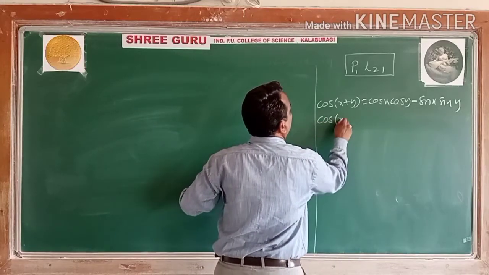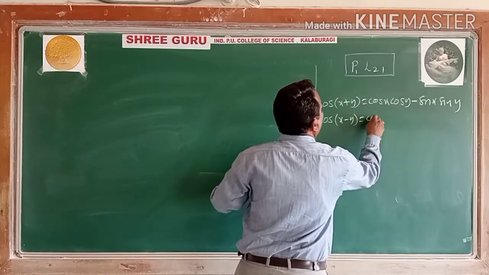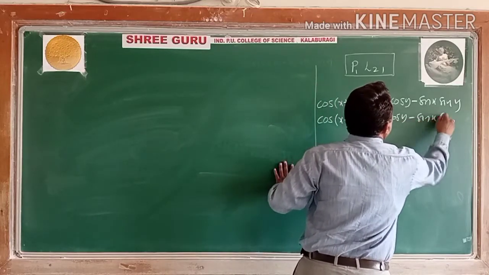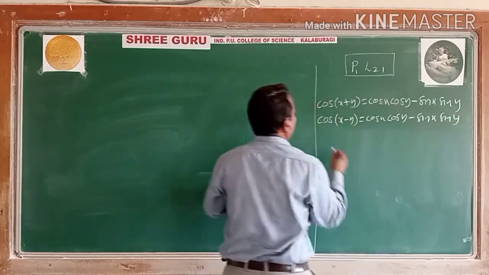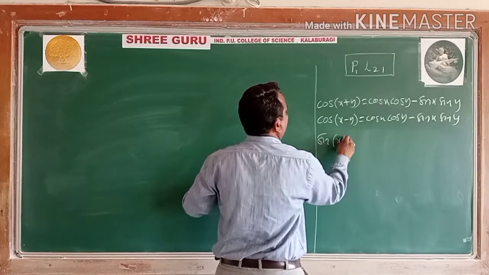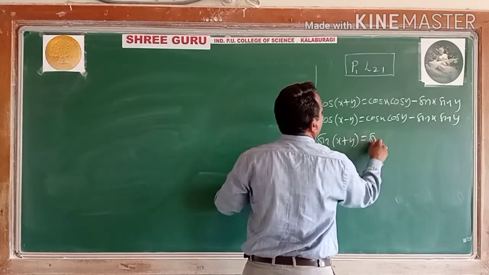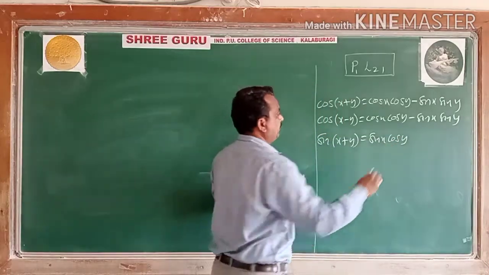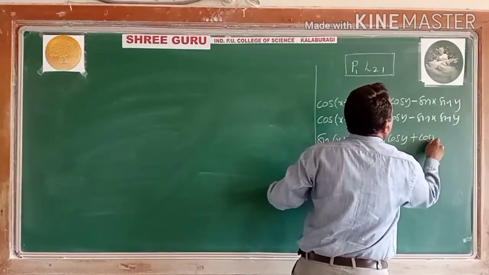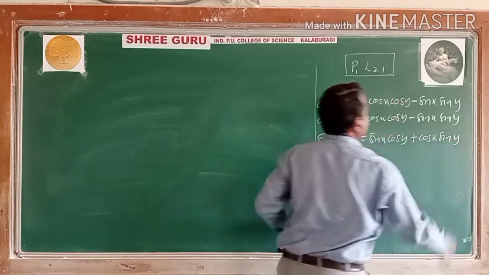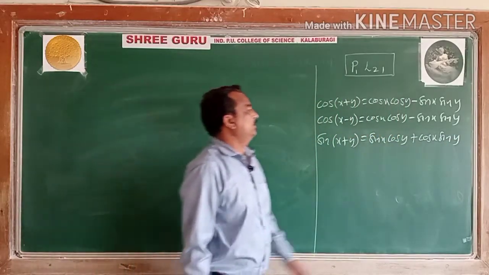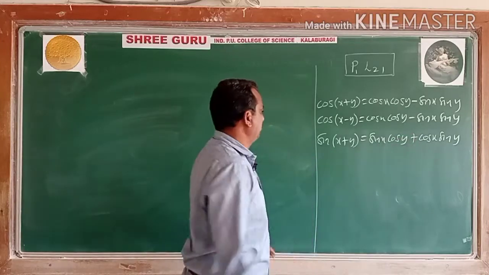Cos of x minus y is cos x cos y minus sin x sin y. Sin of x plus y is sin x cos y plus cos x sin y.